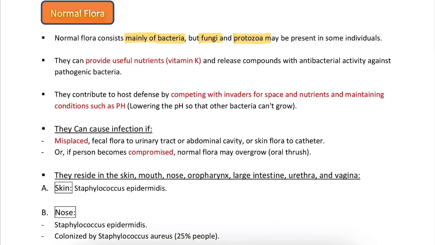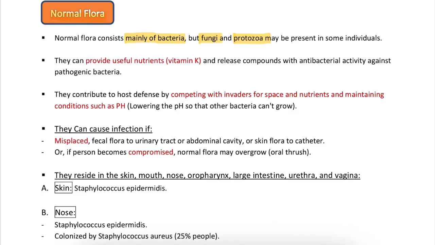These microorganisms live on and inside the human body. These microbes are not harmful under normal conditions, in fact, many are essential for our health. Think of them as permanent residents, helping your body function smoothly.